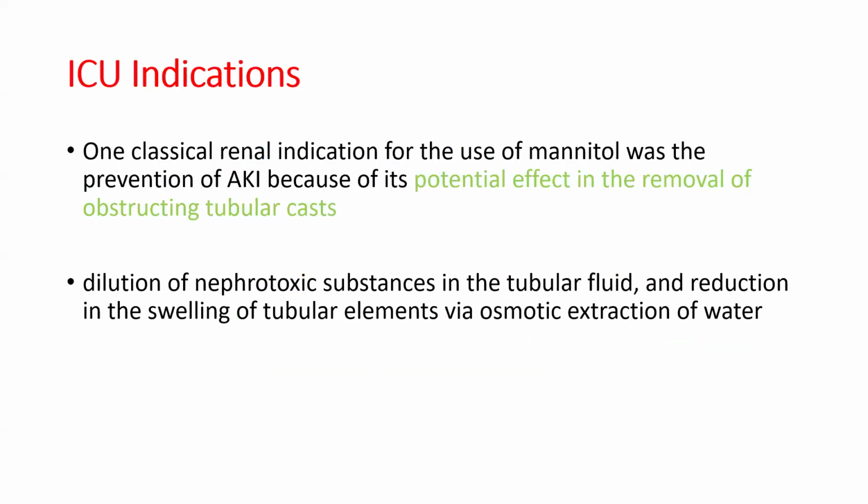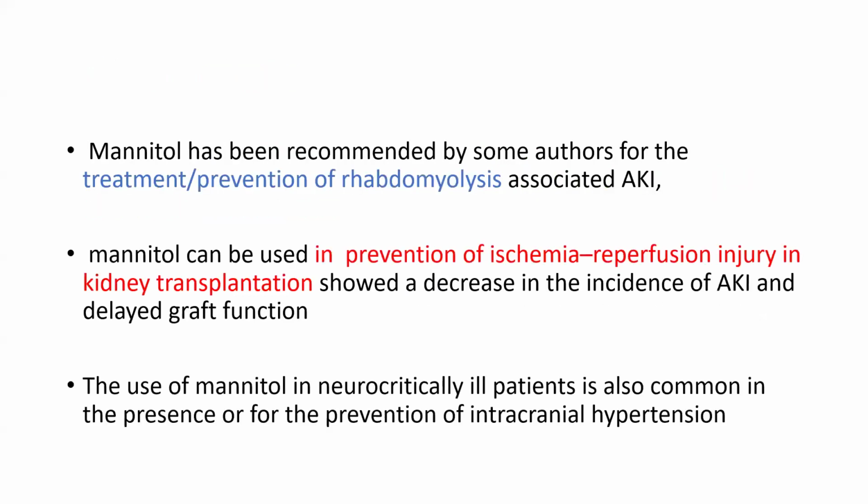One classical renal indication for the use of mannitol was the prevention of AKI because of its potential effect in the removal of obstructing tubular casts, dilution of nephrotoxic substances in the tubular fluid, and the reduction in the swelling of tubular elements via osmotic extraction of water.